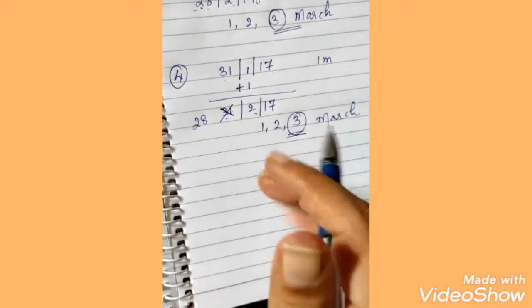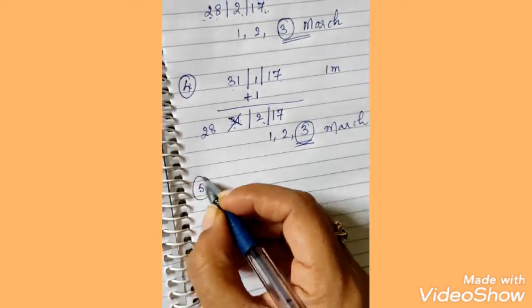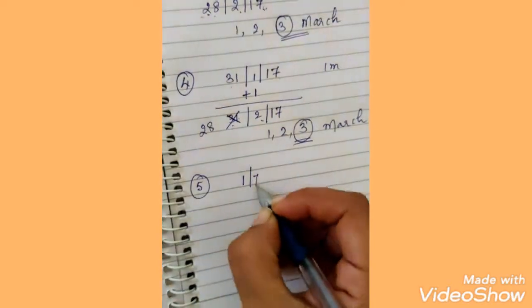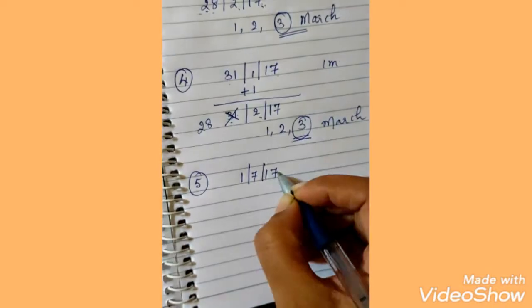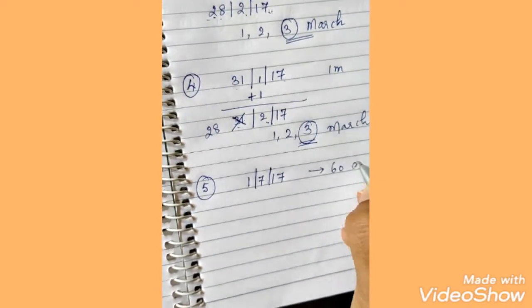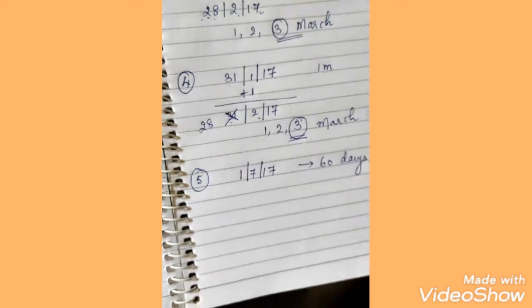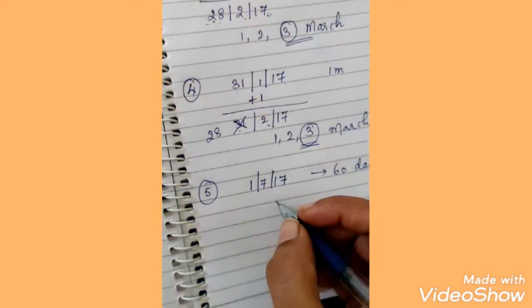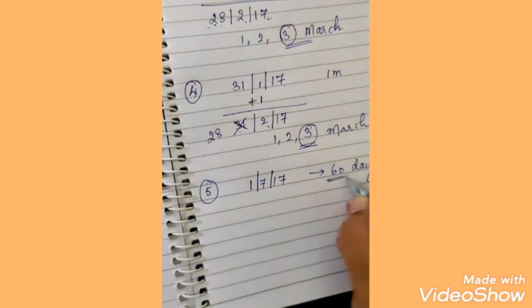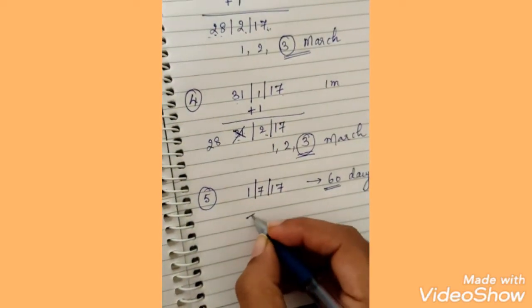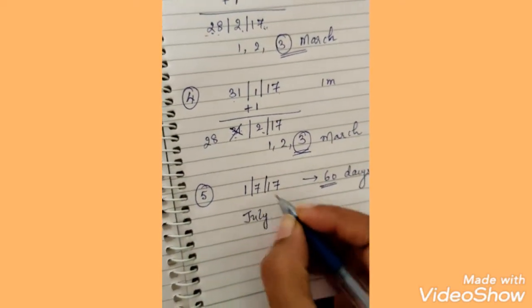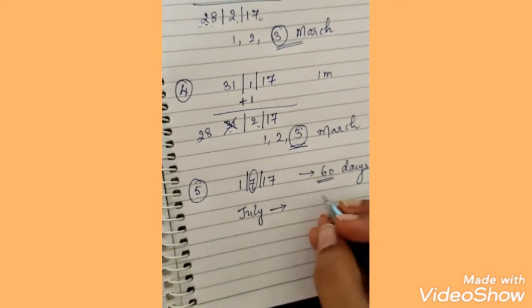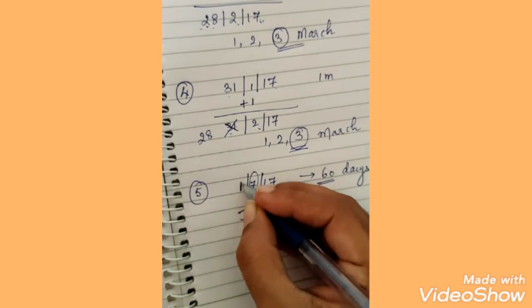Now we will see a few cases where the bill is drawn for a number of days. For example, 1st July 2017 and the bill is drawn for 60 days. Right? Now, how are you going to count this? 60 days means, first of all, this is the month of July, right? 7 is nothing but July. How many days do we have in July? 31. But the bill is already drawn on 1st.